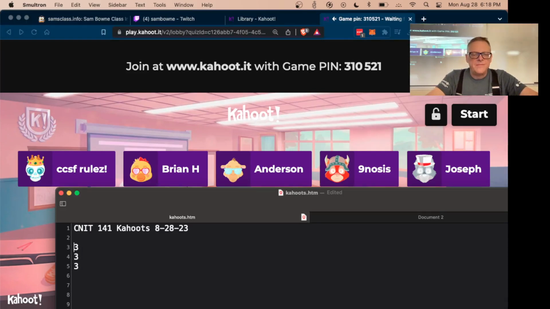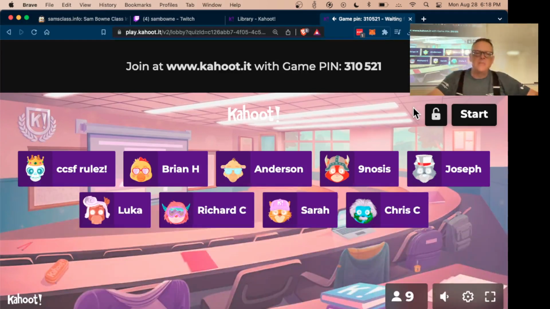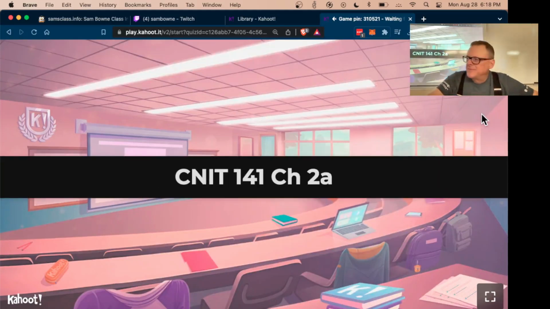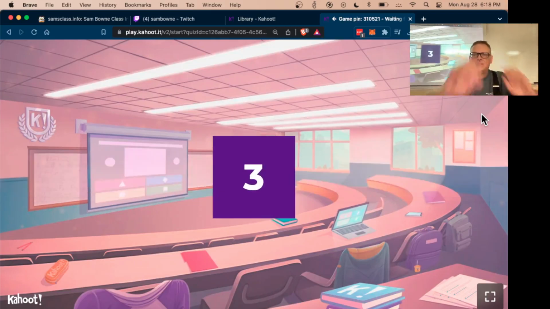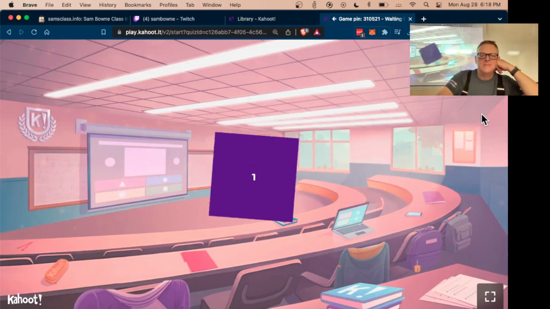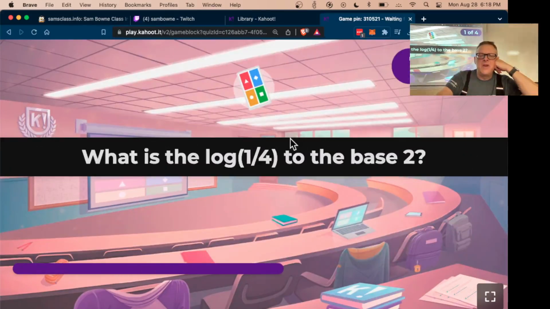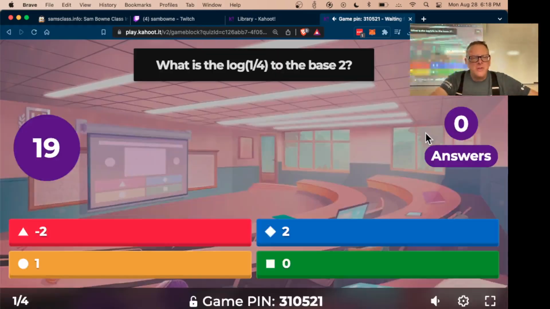Right? Might be enough. Let's give it a shot. All right, so what is the log of 1/4 to the base 2?